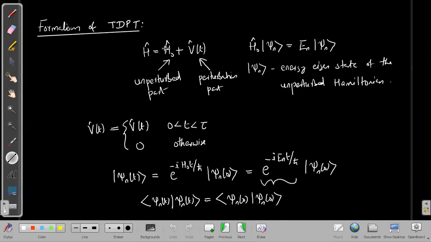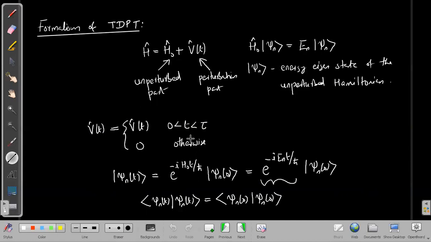Since h0 is completely solved, its eigenstates can be called the energy eigenstates and represented by the symbol psi n, and the set psi n forms the complete basis, because psi n are the energy eigenstates of the unperturbed part of the Hamiltonian, which is a Hermitian operator.